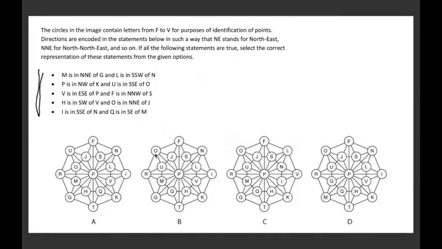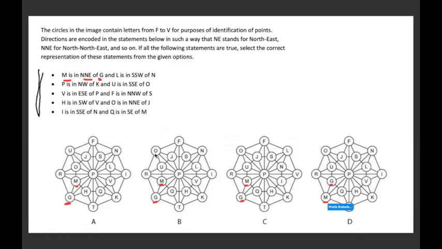So what exactly is happening here? Let's go statement by statement. It will be easier. M is northeast of G. G is the reference. M is northeast of G. So this is M and G here. M and G, same for A, B, C. D is different.